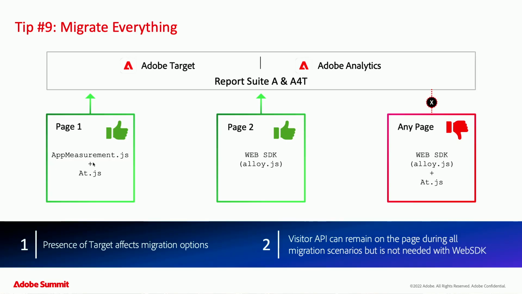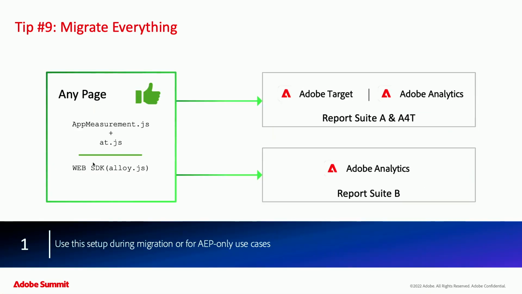So because of this restriction, actually, let me introduce another thing that feels like I'm going to contradict myself, but I'm really not. There are circumstances where you may want to have app measurement and AT.js on the same page, in which you're allowed to have WebSDK collecting data, say, into a different report suite. The distinction is that you're not asking WebSDK to run target and app measurement to run analytics for the same report suite.